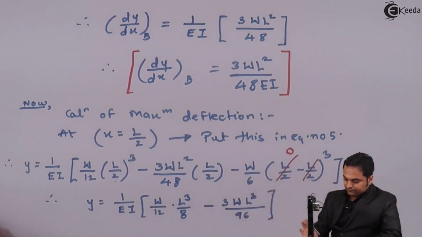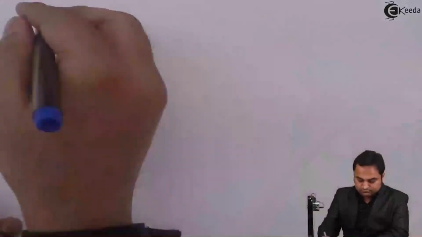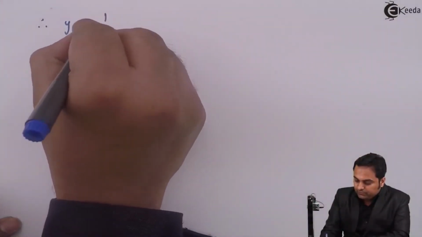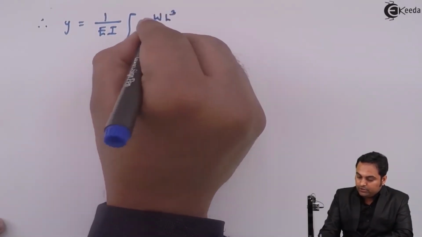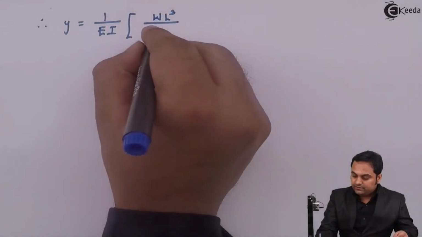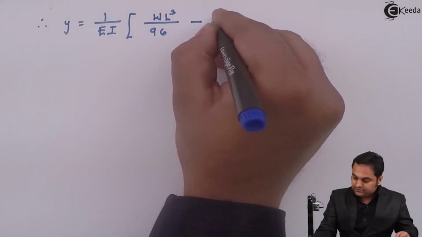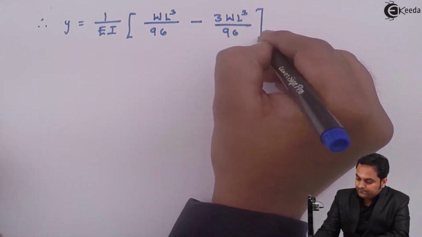Last term is 0, so simply neglected. Therefore y is equal to 1 upon EI, wL cube upon 12 into 8, that is 96, minus 3wL cube upon 96.